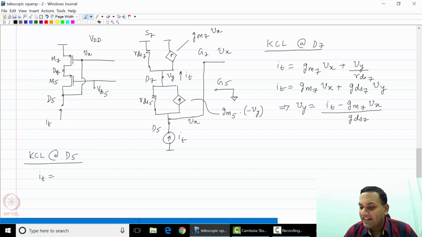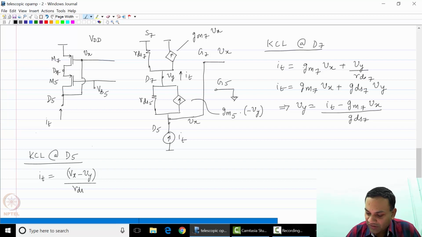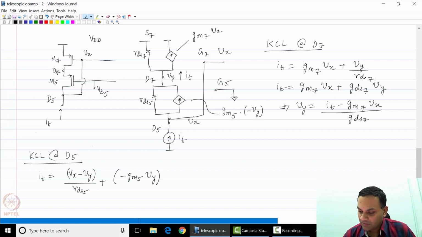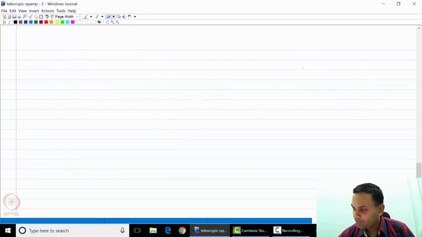Again we can say that It is equal to Vx minus Vy over RDS5 plus minus GM5 V1. So we will now rewrite this.